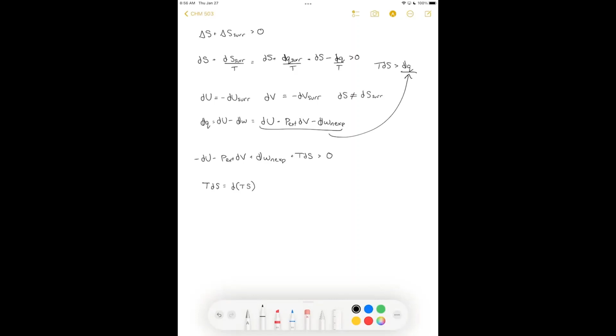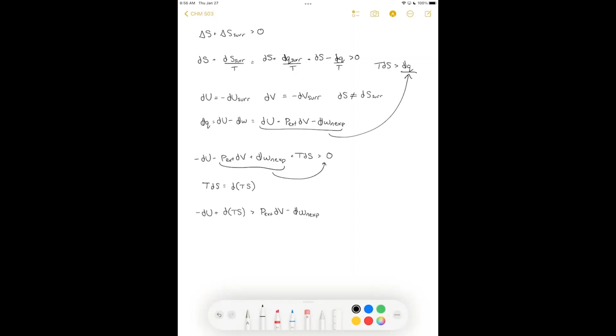So what we're going to do is take these work terms and bring them over to the other side of the inequality. So we'll have negative dU plus dTS is greater than P external dV minus the non-expansion work.